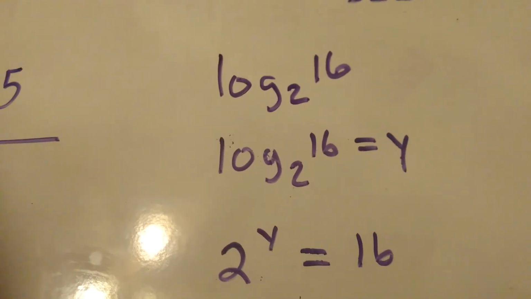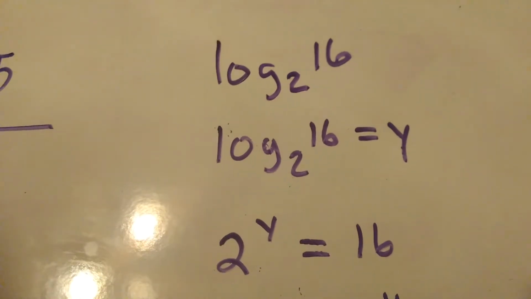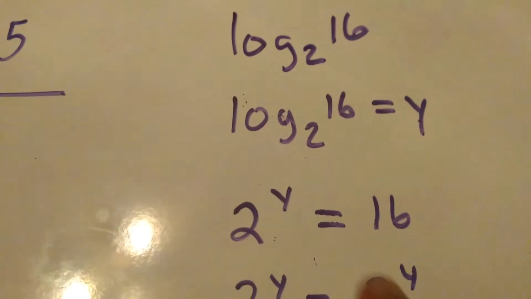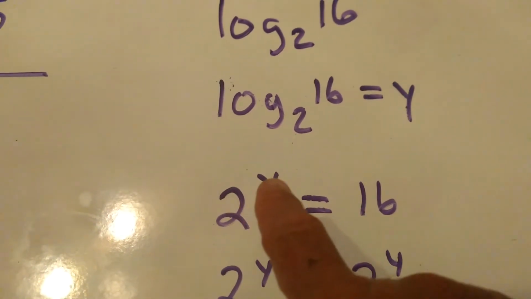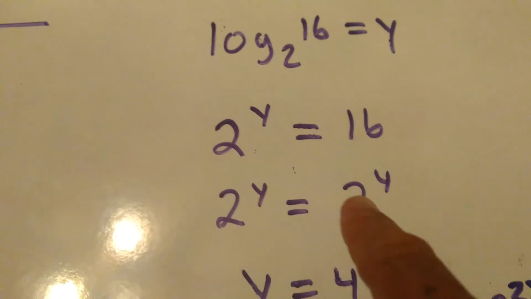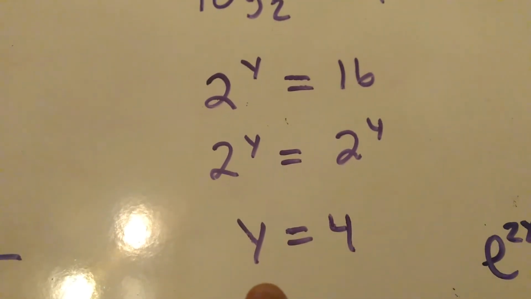Well, anytime you get a problem like that, you want to write it as log 2 16 equals y. Then you want to take that and put that in exponential form. So we're going to do base 2 to the y power equals 16. Then we're going to solve it like we solve any exponential problem. 16 can become 2 to the 4th power, so y equals 4.